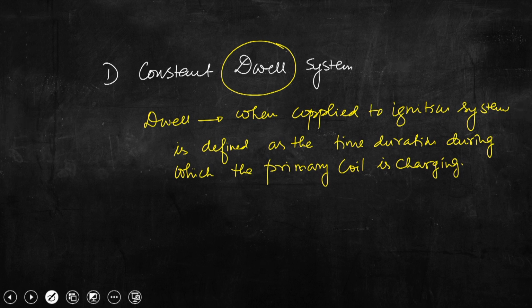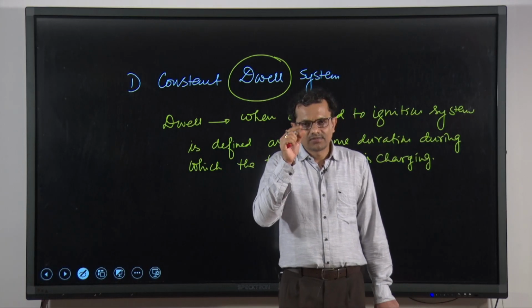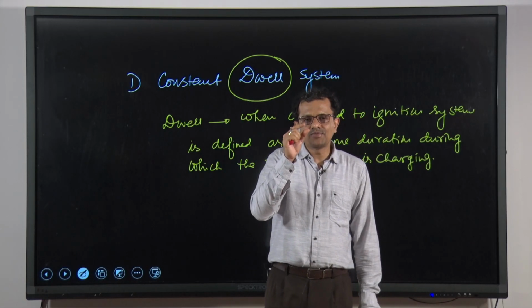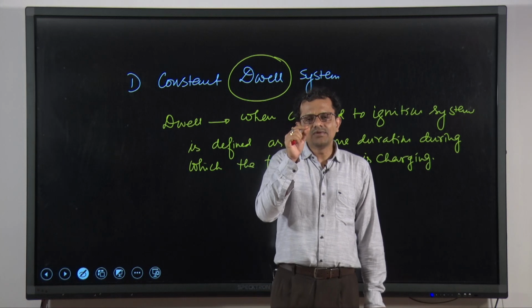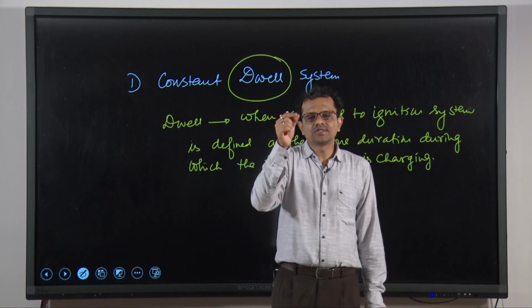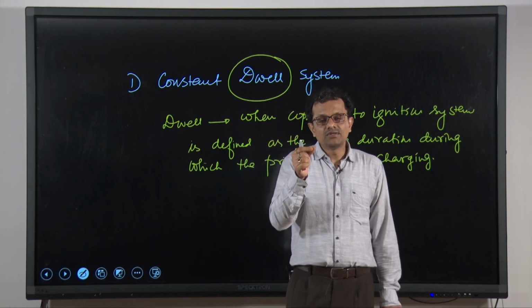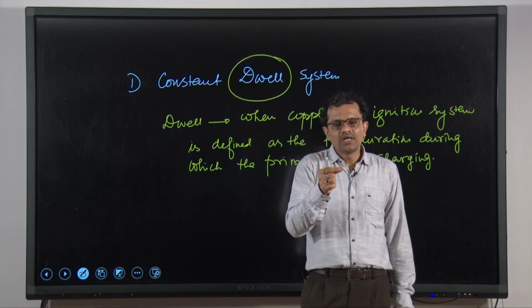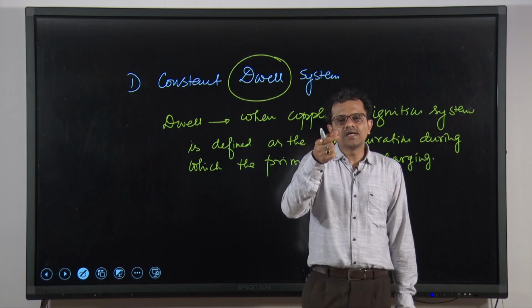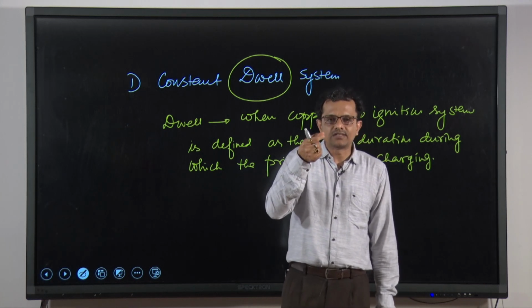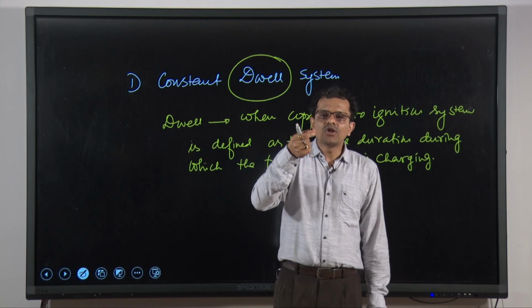So, if the engine speed increases, think about the battery ignition coil, then what will happen? When the breaker points are getting connected, that time will be very small and the building up process will be delayed. Now, if the engine speed is too slow, then it is not possible to even open the breaker points. So, the breaker points will remain almost closed.